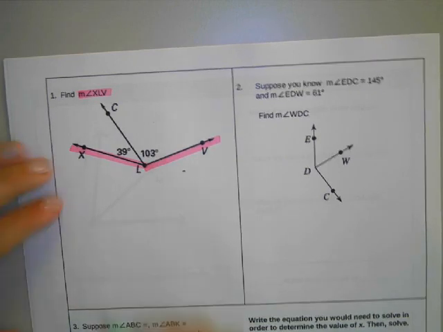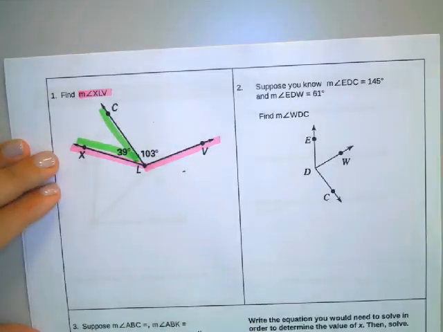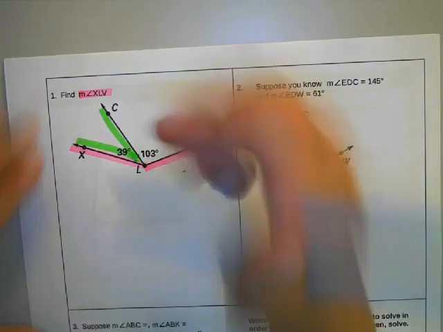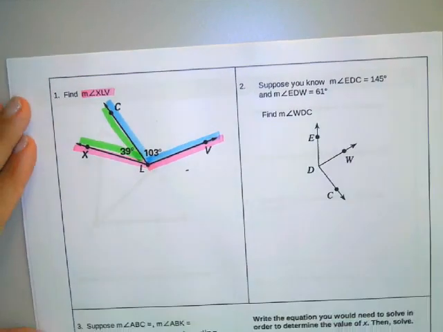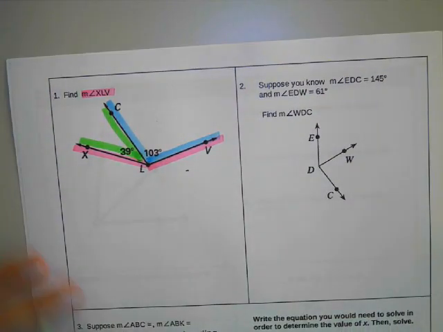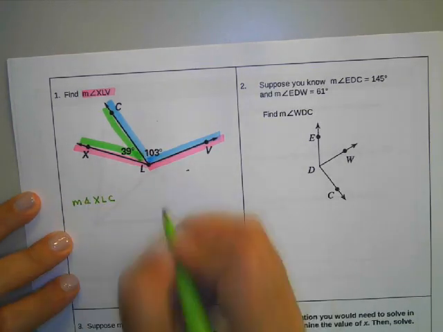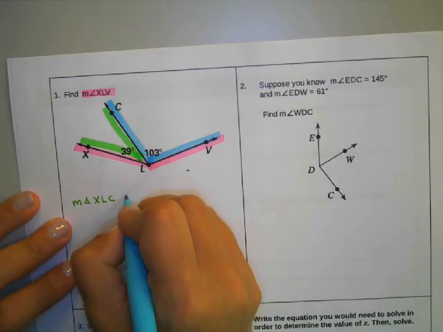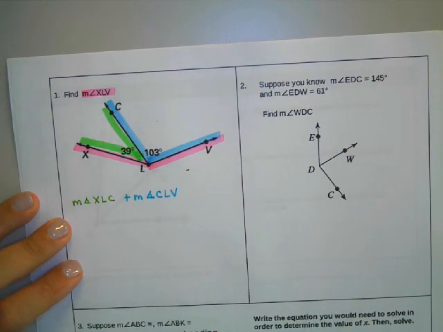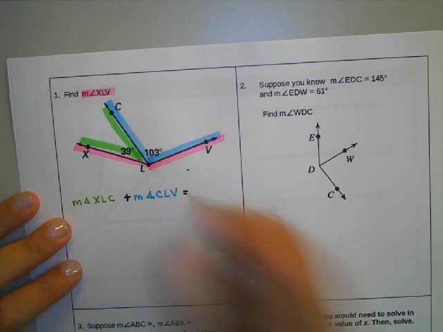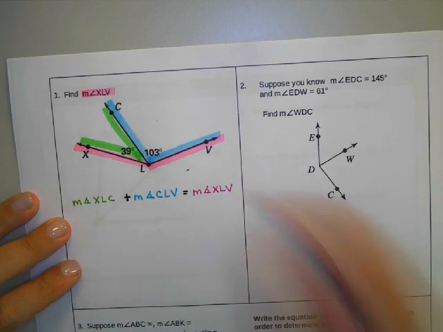So I'm going to be able to say that this first smaller angle, XLC, plus this other smaller but larger than the first one angle, has to equal the whole thing. So I'm going to say in geometric symbols, the measure of angle XLC plus the measure of angle CLV has to be equal to the measure of angle XLV.